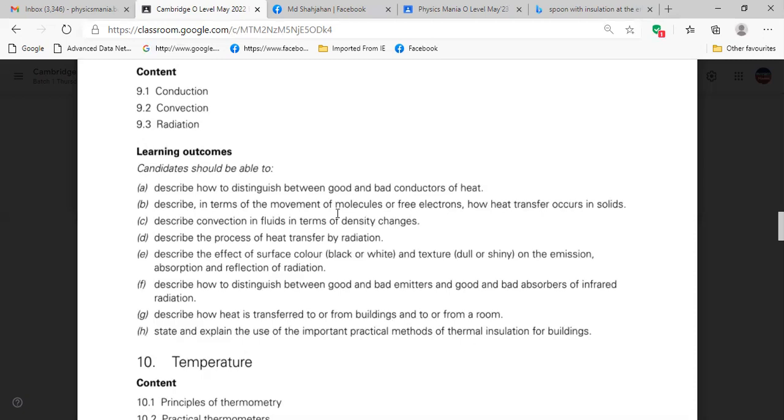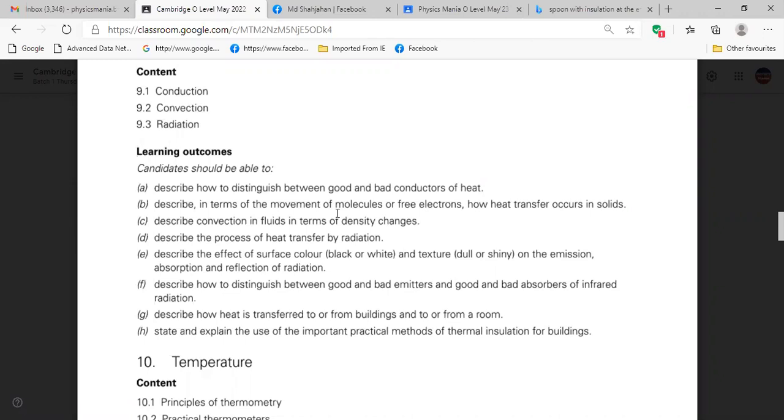Dry clothes and wood, then plastic, rubber, glass, these are bad conductors of heat. And good conductors of heat are all the metals. Some are very good conductors, like aluminum, then copper, then steel.